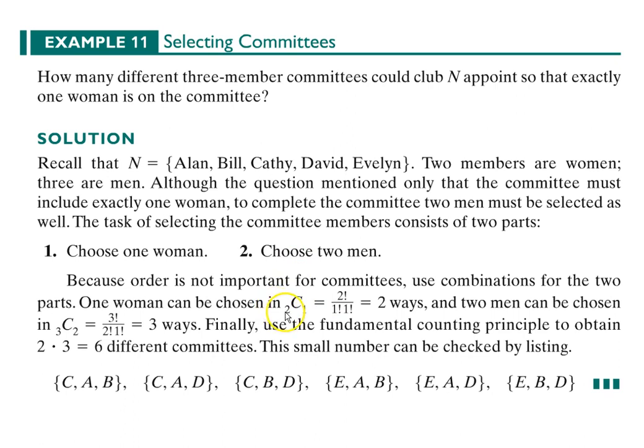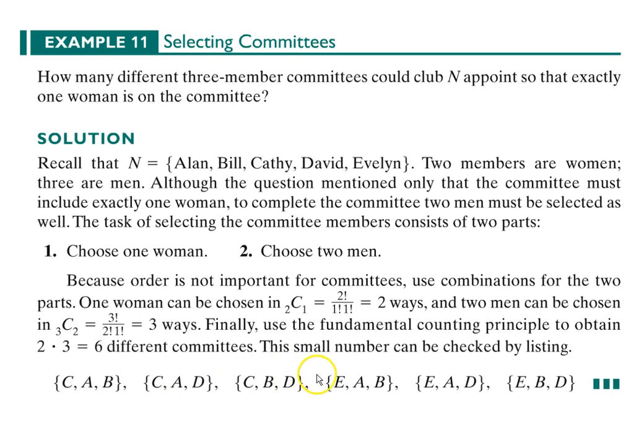So for the first one, you would have 2 women in a combination. You're going to select one. That gives you 2 ways. And then you have 3 men. You're going to then select 2 of those 3 men. That gives you 3 ways. So 2 times 3 is 6.